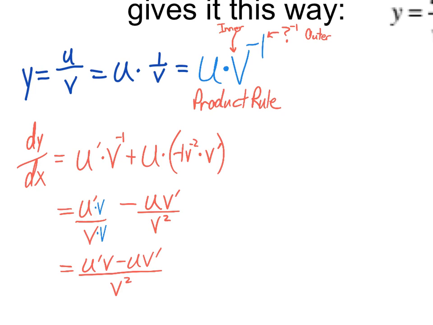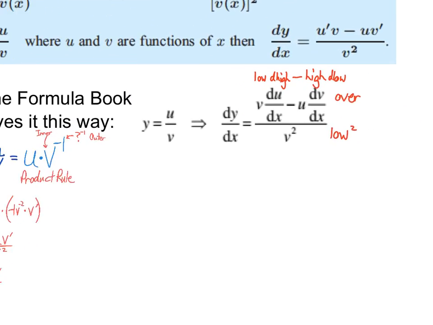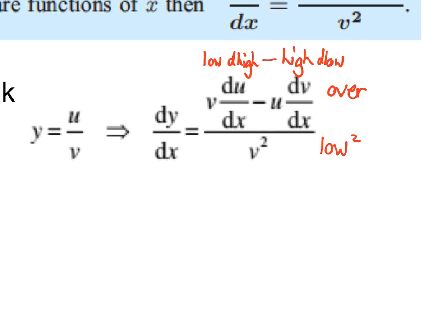Low d high would technically be v u prime, but the multiplication can be in either order. Depending on what book or website you look at, you'll see it written the opposite direction. Even here, they put v times du dx just to make it look a little better. So for that part, the order doesn't matter.